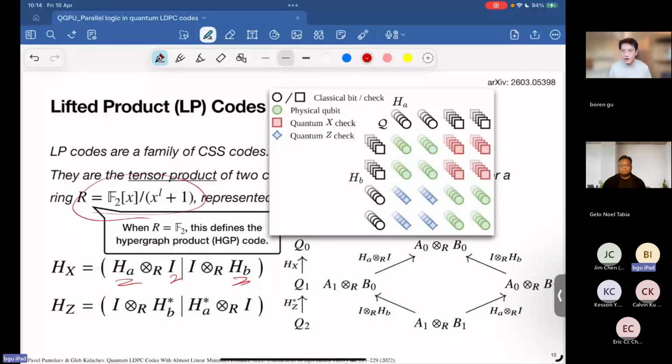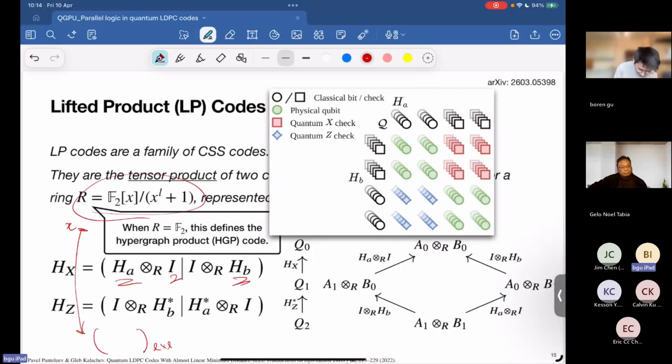how do we get the binary version which can really be used? The way to do this is to take the so-called binary representation, where every element inside the ring, for example X, is considered as an L by L matrix.